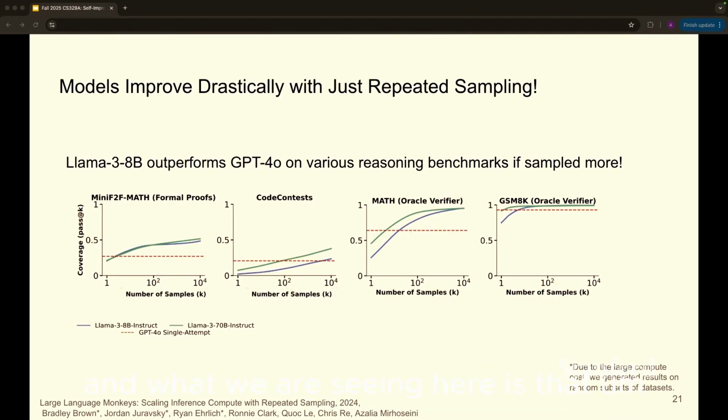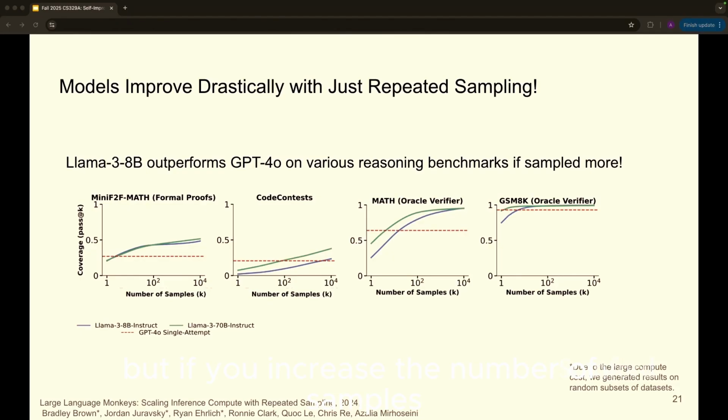And what we are seeing here is that the red dashed line was the GPT-4o model, while these blue and green lines, which were the Llama 3 8B and 70B, were worse than the GPT-4o model with one sample.